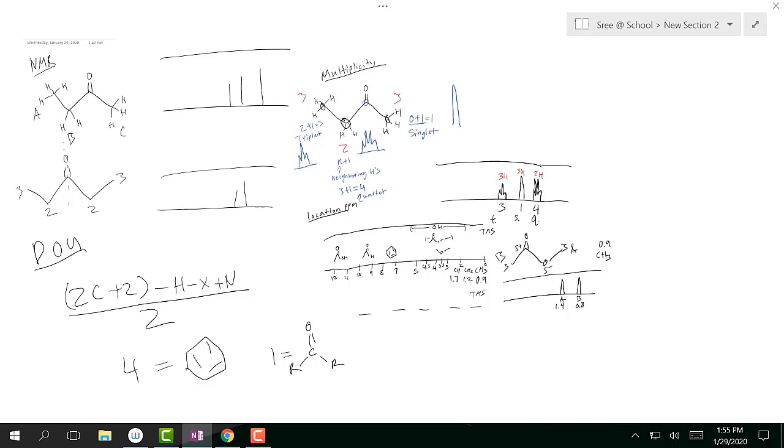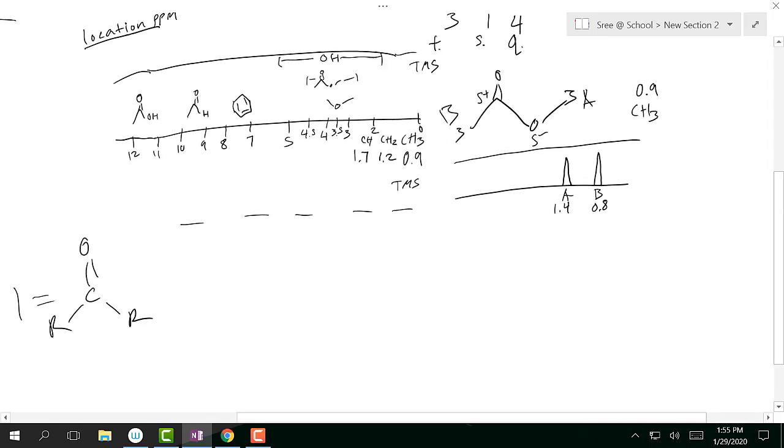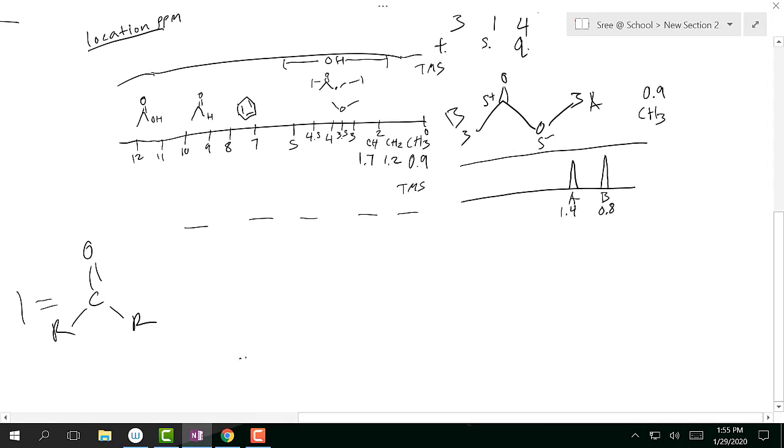So the most common one is the ethyl one. Ethyl looks like this. There are 2 hydrogens here and 3 here, and for neighboring, it's going to be 3 + 1, 4, and then 2 + 1, 3. So this is going to be a quartet, and this is going to be a triplet.